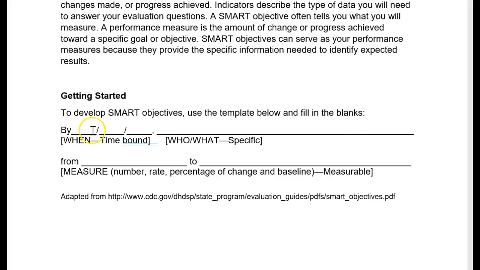By whatever, maybe it's a date, maybe it's the end of 3 lessons, Jack or the class will be able to identify a summarization strategy, and we will measure that by presenting a brief passage in which students will be able to identify 3 key details to support summarizing the content of that passage. There are a variety of ways in which SMART objectives can be written.